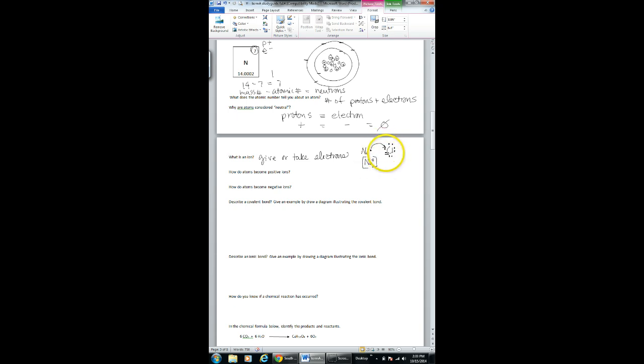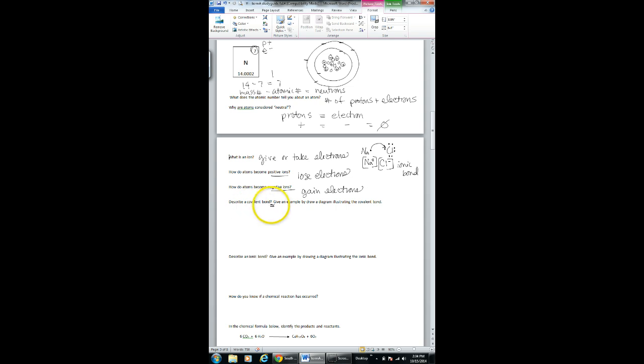And then chlorine's going to gain an electron, which makes it have a negative charge. And then they're going to be like a magnet, and they're going to form an ionic bond, because one's positive and one's negative. You become positive when you lose electrons, and you become negative when you gain electrons.